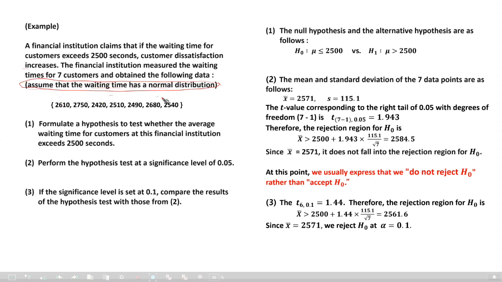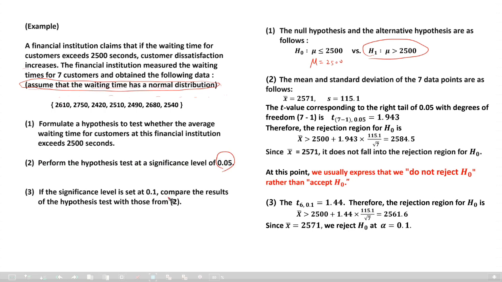If you have a very big sample, about 50 customers, then you don't worry about this kind of assumption, right? Okay, formulate the hypothesis test whether the average waiting time for customers at this financial institution exceeds 2,500 seconds. Here, this is the claim, the argument. And you may say only the equal sign for H0. Okay, perform the hypothesis test at the significance level 5%.